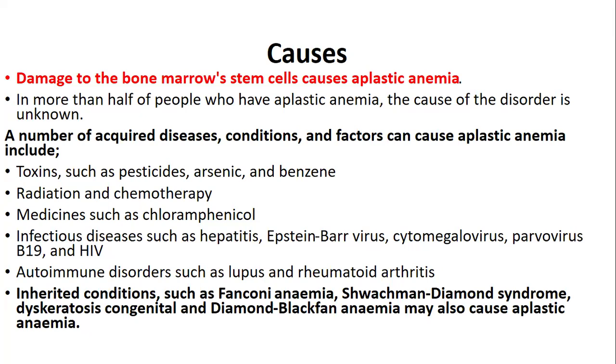In more than half of the people who have aplastic anemia, the cause of the disorder is unknown, and a number of acquired diseases, conditions, as well as factors can cause this type of anemia, such as exposure to toxins.